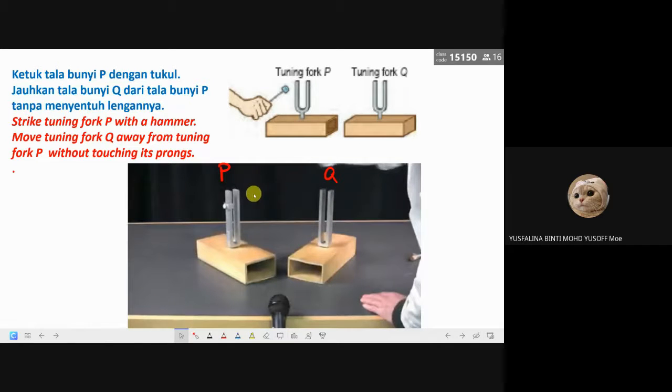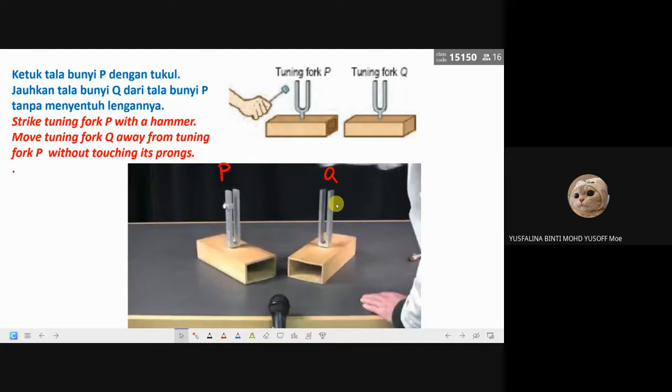The sound energy will be transferred by the air molecules, which makes tuning fork P also vibrate, because they have the same frequency. This is resonance, so P can produce the sound because its frequency is the same as Q.